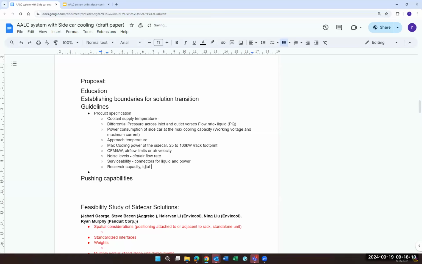Especially in a single phase, you cannot have any air bubbles, which means you have to fill all the heat exchanger and the cooling loop with the fluid. So there is a certain volume associated with that: total fill volume or capacity.